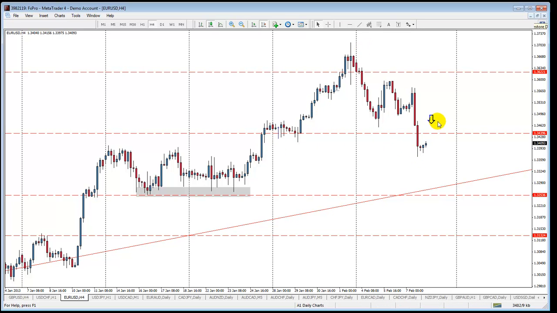So to sum it up, as far as the euro goes, I'd love to see it get to 34.40, print a bearish candle, make a new low off that bearish candle, and then we can go for a huge target down here. And that would be right here.